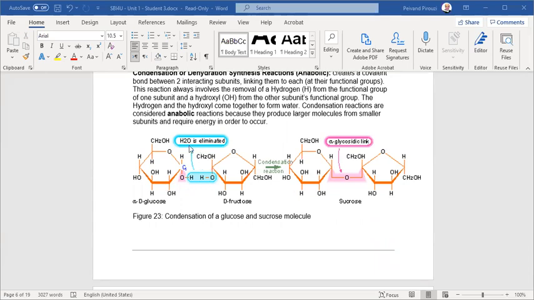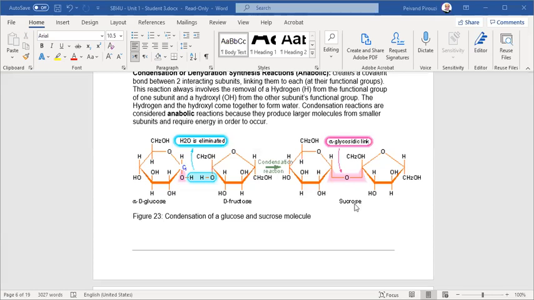So here we see that when the H2O is eliminated, you see that H here and HO here, we will see the formation of a bond between the oxygen of the glucose and the carbon number 4 of the fructose. And then at the end, we will be able to see, again, sucrose.